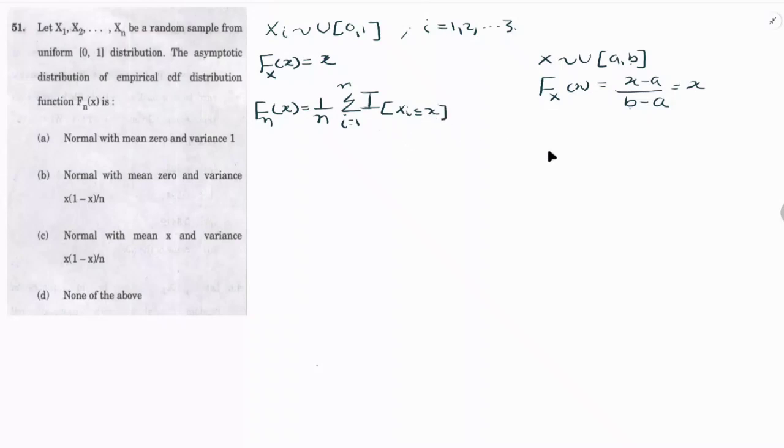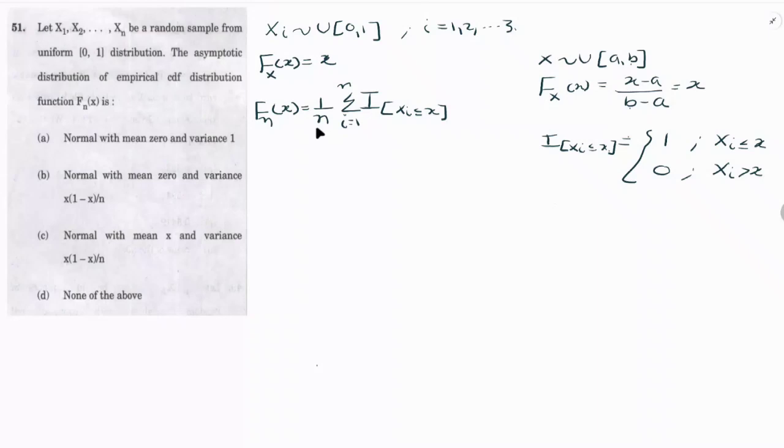What is this indicator function? This indicator function takes two values: it takes value 1 if capital Xi is less than or equal to small x, and takes value 0 if capital Xi takes value greater than small x.